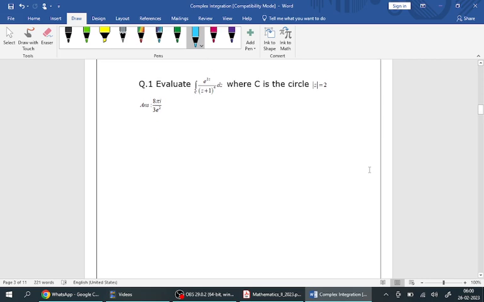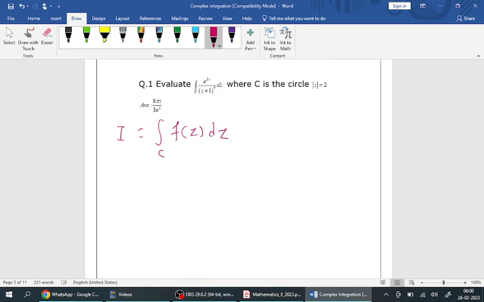We have to evaluate the integration of e raised to 2z upon (z plus 1) raised to 4 dz. Let me assume this integral is I, which is integration of f(z) dz over the curve C, the given integral.